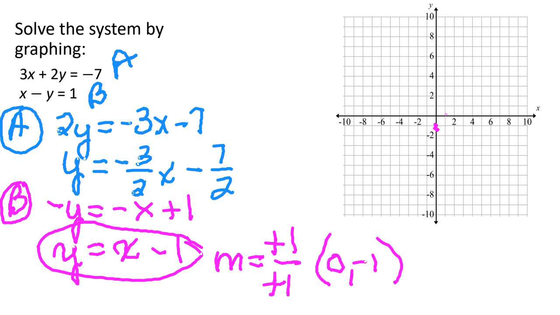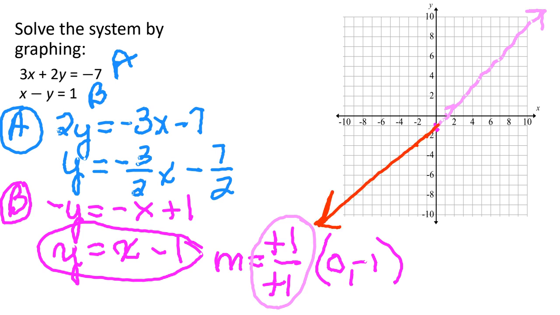I am going in this direction. But remember, what's the opposite? Down 1, left 1. Which means I'm going in this direction. I have to go right and I have to go left of this point.